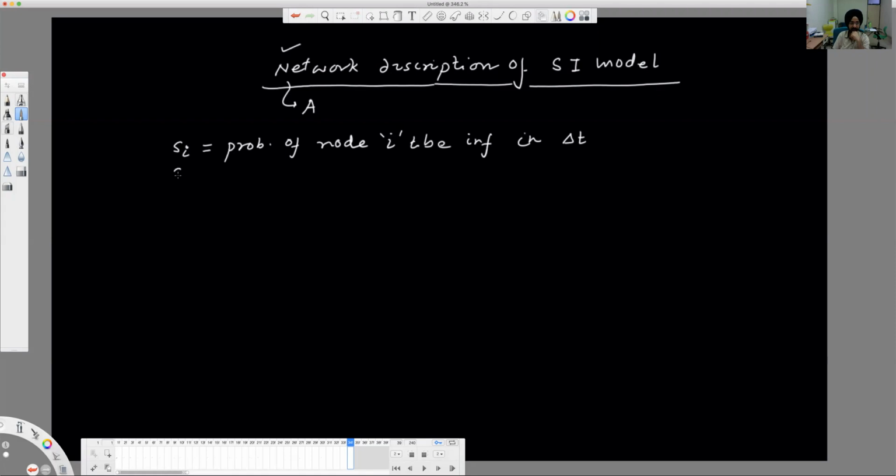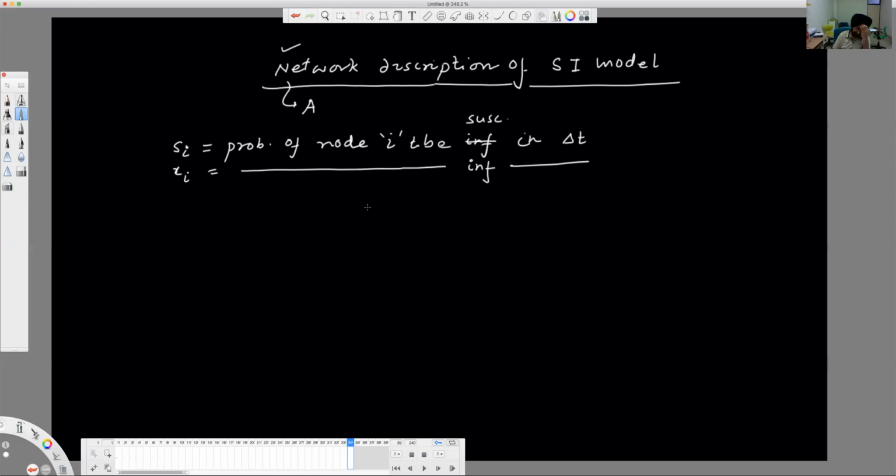So likewise, you have xi, the probability of node i. Sorry, this was incorrect. This is to be susceptible, right? S. This is for the infected state. Right? So now we change it to probabilities for each node.